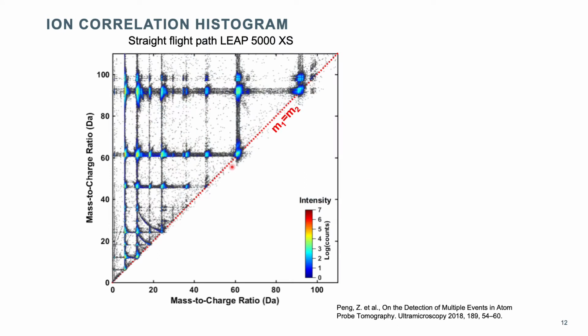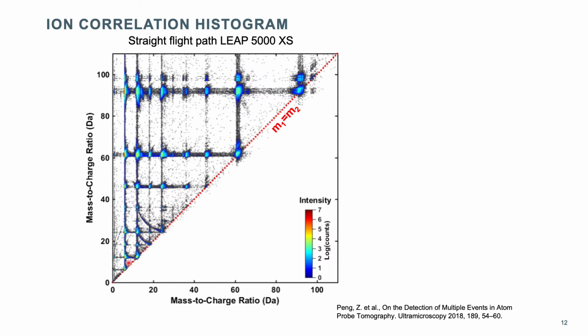If we look at this very specific type of correlation histogram, which was first introduced by David Saxey, and I invite you to read his paper, we plot on the x-axis the mass of one of the ions coming as part of a multiple event, and on the y-axis the mass of the other ion coming as part of this event.